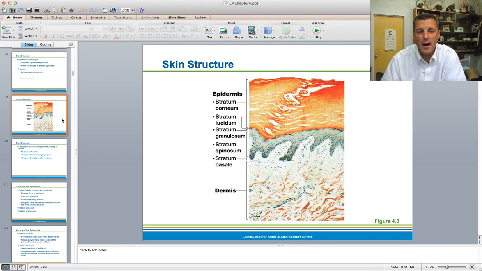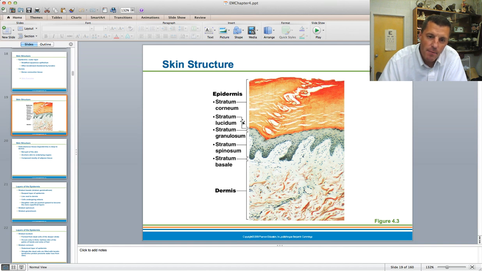So here's that diagram, and we'll talk about each of these layers, but the epidermis is this portion, okay? And then as we go down, this stratum corneum is cornified, which kind of means pokey or hardened.